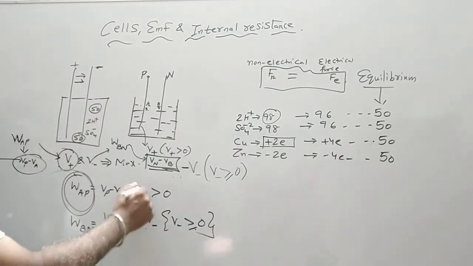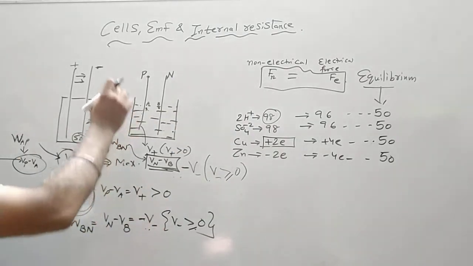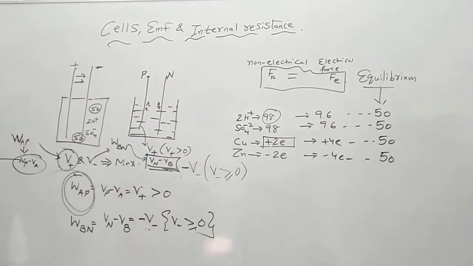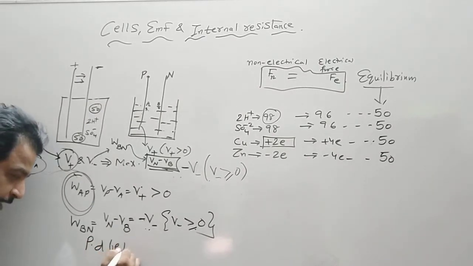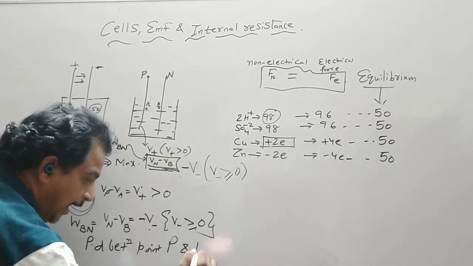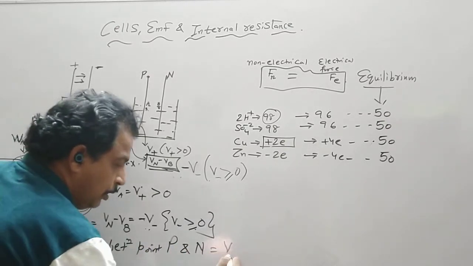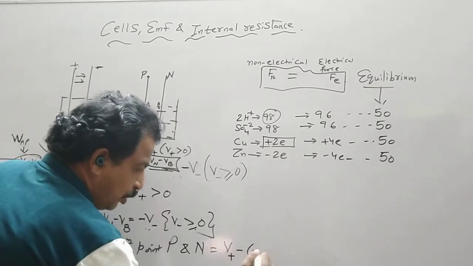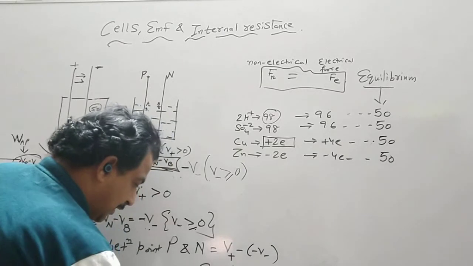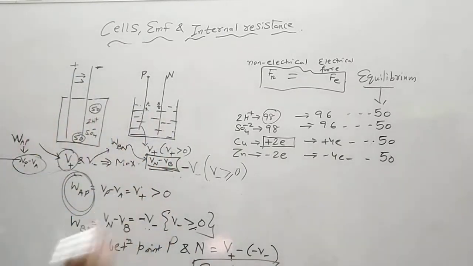Now there is a difference between point P and N. So the potential difference between point P and N is equal to V plus minus of minus V minus, which comes out to be V plus plus V minus, and that is called the EMF.